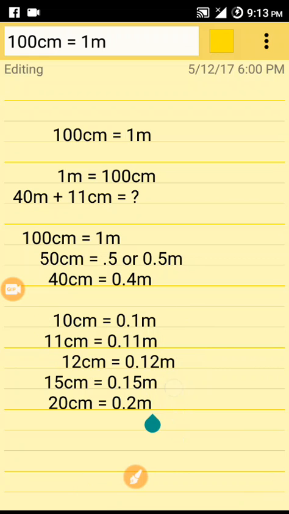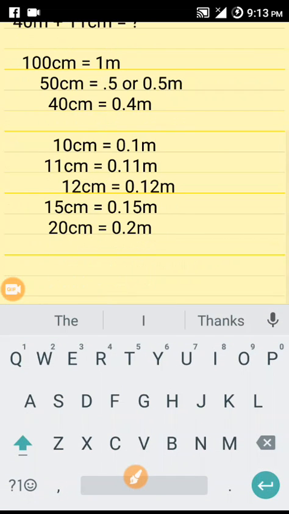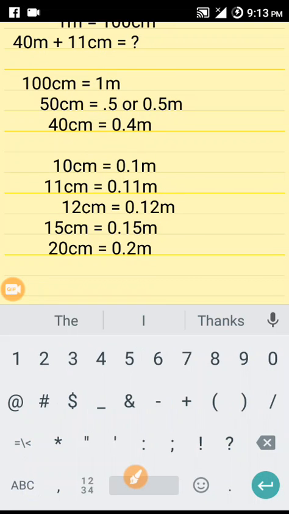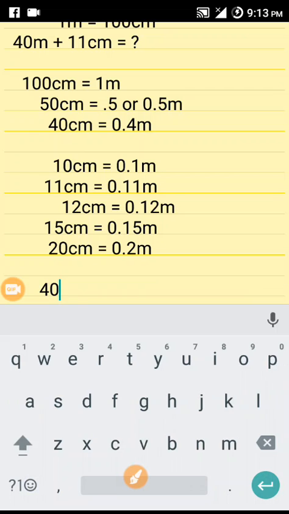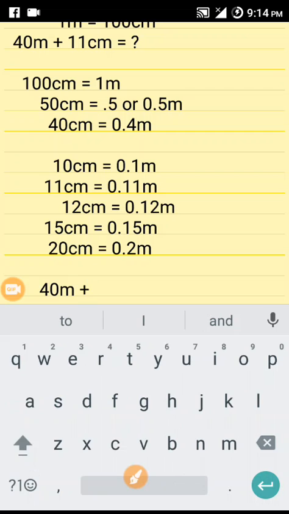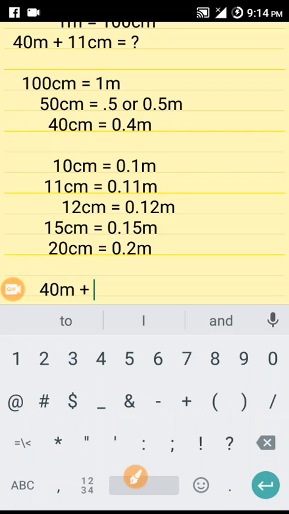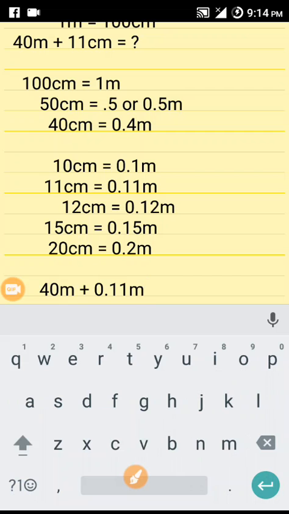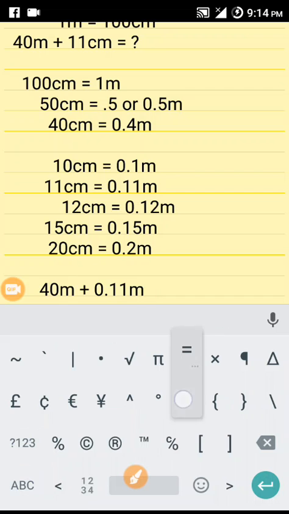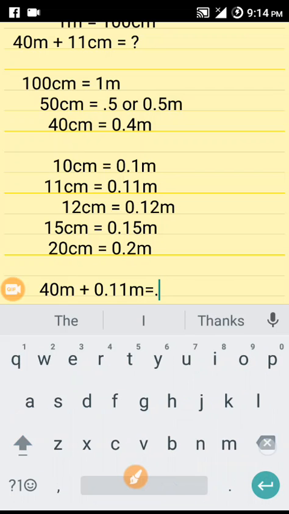You get something like this. From the question, 40 meters plus, now instead of 11 centimeters, you write 0.11 meters. So this is what you're going to get. Now let's change the arrangement and try to add it and see what we can get.